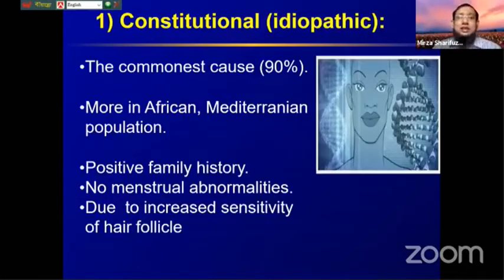This is called constitutional or idiopathic, that is, having no cause. But you have to keep in mind that this runs in families. So you should take the family history, whether his sister or mother has a similar problem. And as it has no underlying cause, other than hirsutism the patient will have no abnormality. There is no menstrual abnormality or other symptoms.